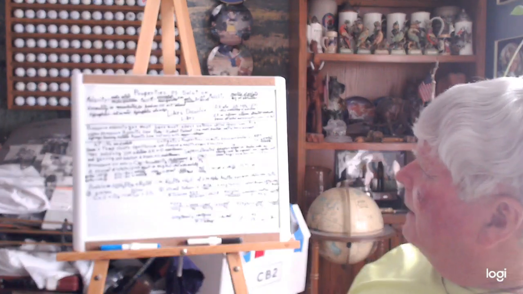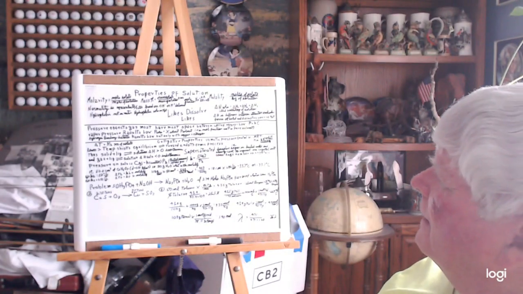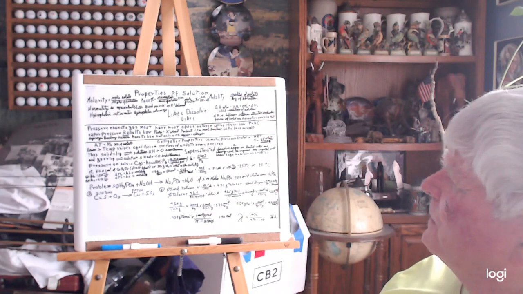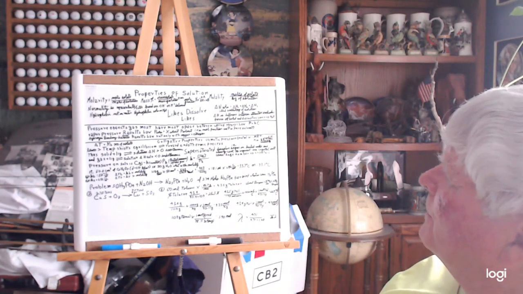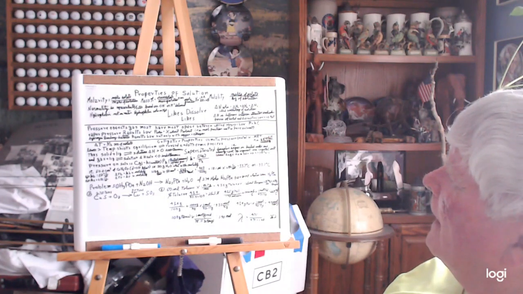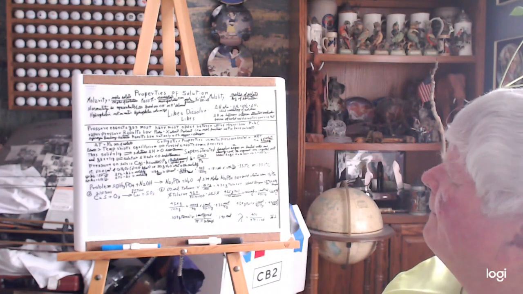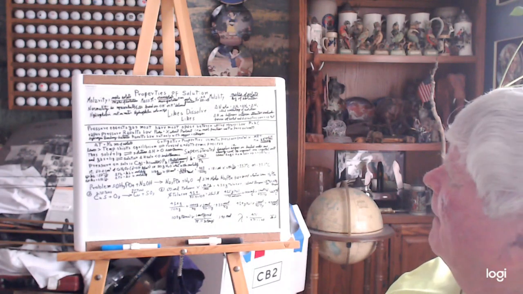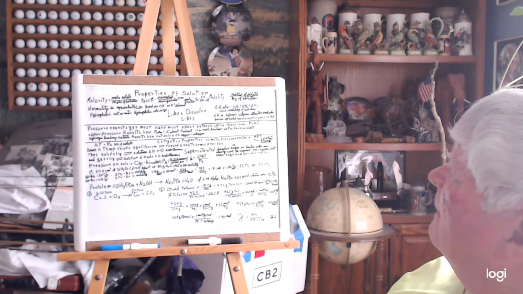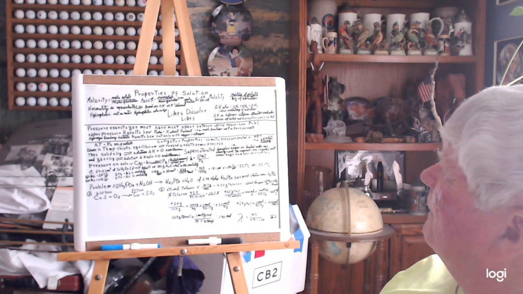And his law states that the pressure of the solution is equal to the mole fraction of the solvent times the pressure of the solvent. Again, X is the mole fraction and P is the pressure of the pure solvent.